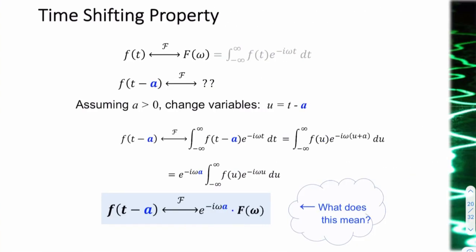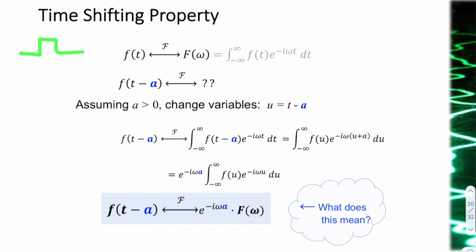The next property, so we're almost halfway through now, is called the time shifting property. So if you have some signal, again, same scenario, some signal in the time domain with its corresponding spectrum in the frequency domain, determined by the Fourier transform integral, the question this time is not if we were to multiply t by some constant a, but if we were to subtract or add some constant a, i.e. if we were to shift our signal.